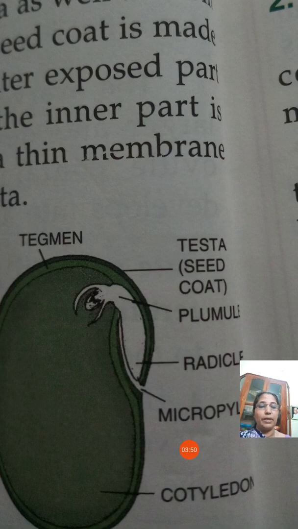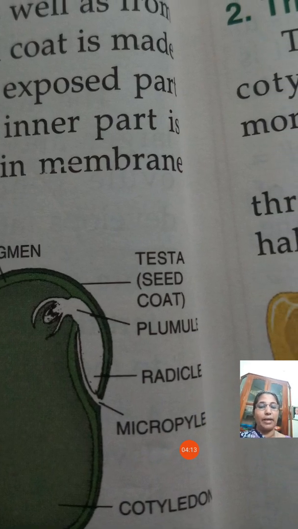The food becomes dissolved so that the embryo can absorb it, and more air will be available to the embryo because the seed coat will break. The first part of the embryo to begin to grow is the radicle. The radicle will come out of the seed through the micropyle, and begin to grow and emerge out.